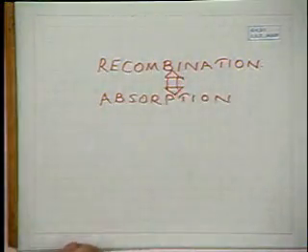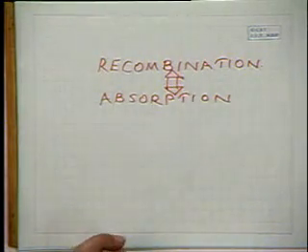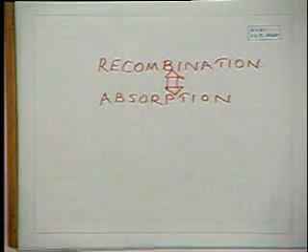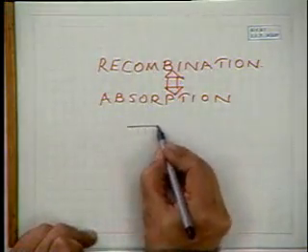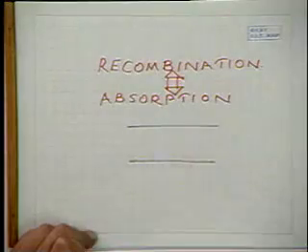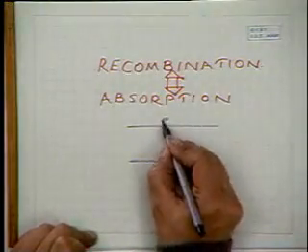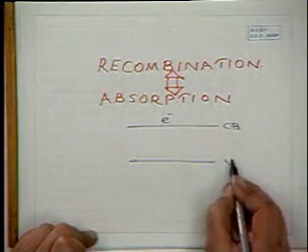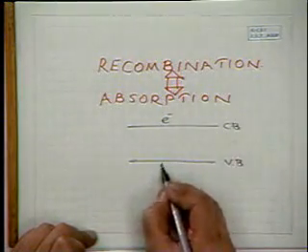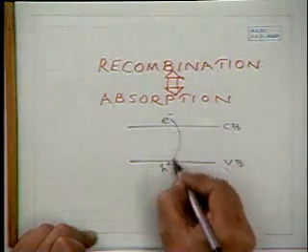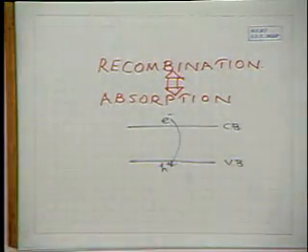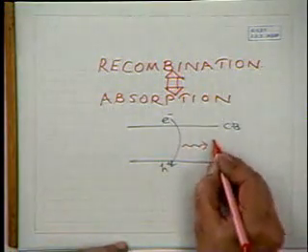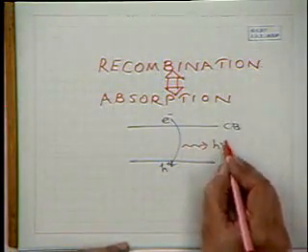One can say that recombination occurs when carriers in a solid, say electrons in the conduction band, recombine with holes in the valence band, and the energy is emitted as light.